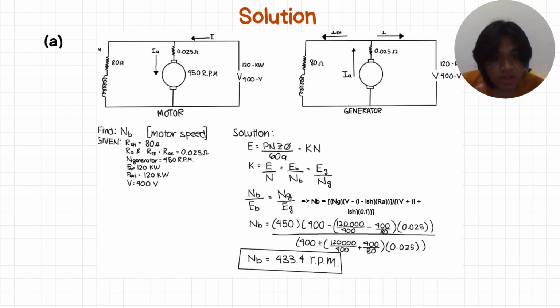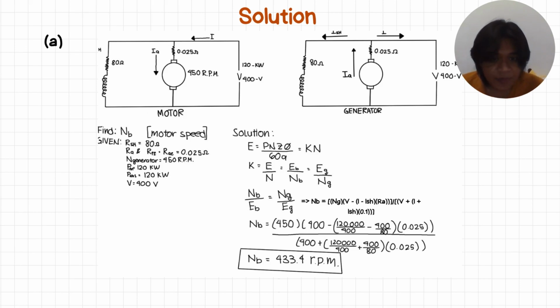Its totality multiplied by the speed of the generator all over the EG, or V plus (I plus ISH) times RA, which is actually 0.025. It's a typo. It's 0.025.